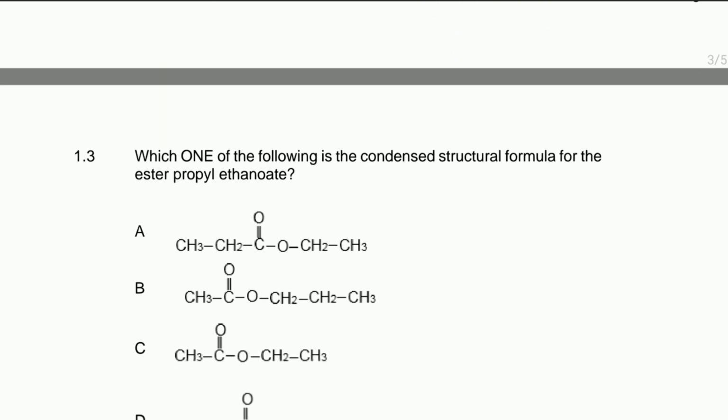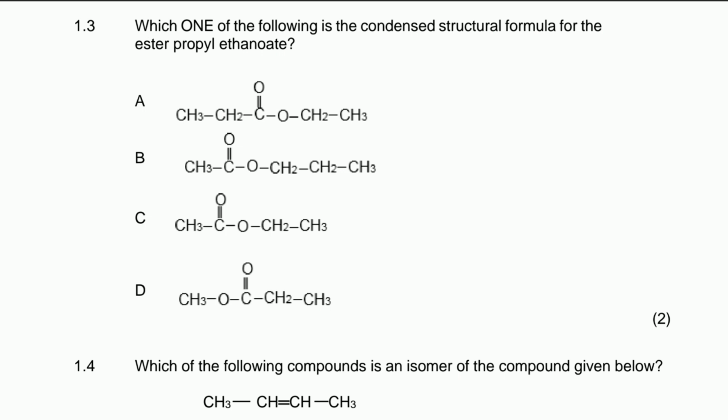Let's go to the other question here. Which one of the following is a condensed structural formula of the ester propyl ethanoate? I'm going to write it here: propyl ethanoate. Now I want you to recall the formation of an ester, or esterification.